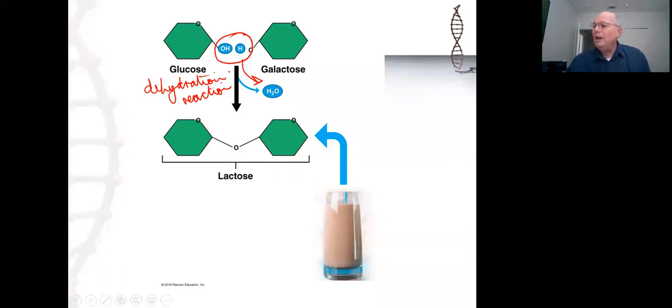And we're forming a glycosidic linkage. That's the oxygen bridge between the two sugar molecules. And again, the animation on the previous page will show you how this is formed with sucrose.